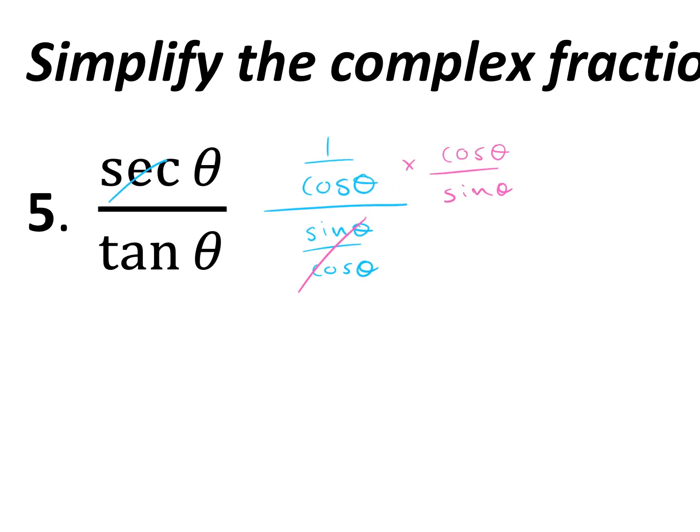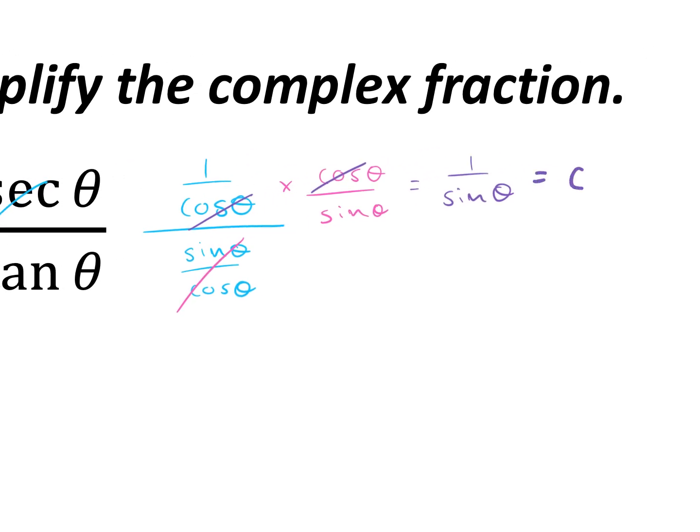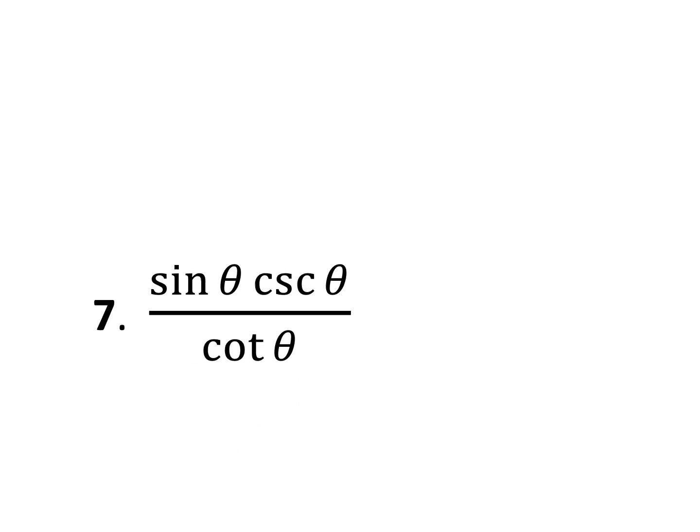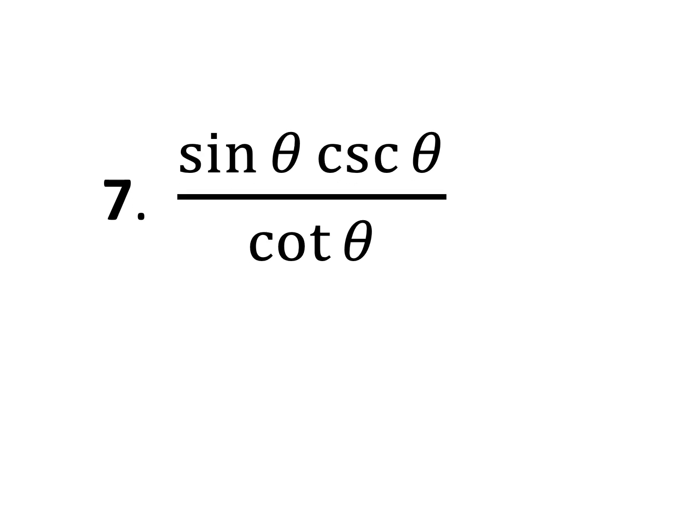What happens next? Cosines cancel. If I have a cosine on the top and a cosine on the bottom, they cancel. So I have 1 over sine, which is cosecant. Awesome. All right, 7. What should I do first?